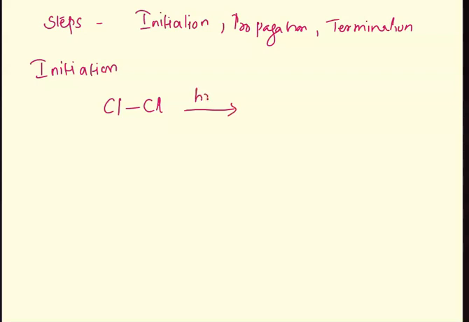Sometimes light is written as h nu. If you remember from general chemistry, h stands for Planck's constant, nu is frequency. So this is just light. That's how we represent light. And what happens is each of the chlorine atoms takes one electron from this bond. Remember, we put the fish hook arrow and you get two chlorine radicals.